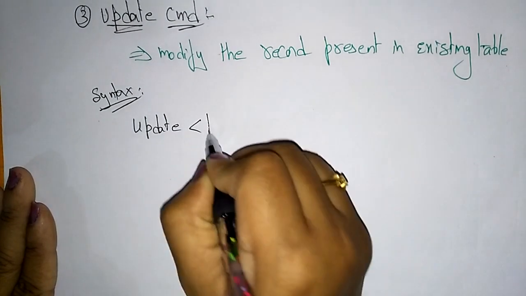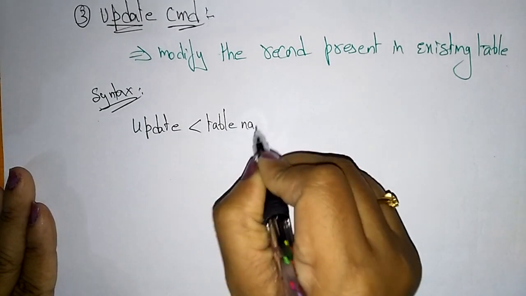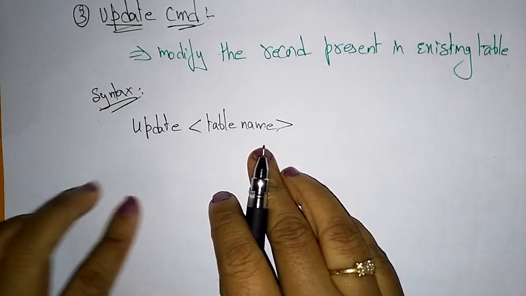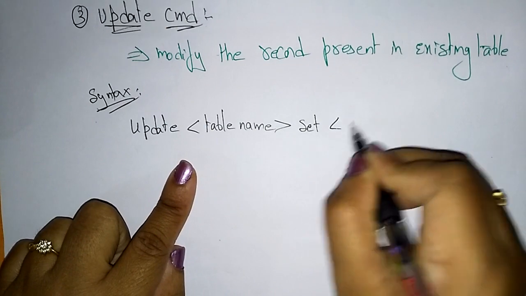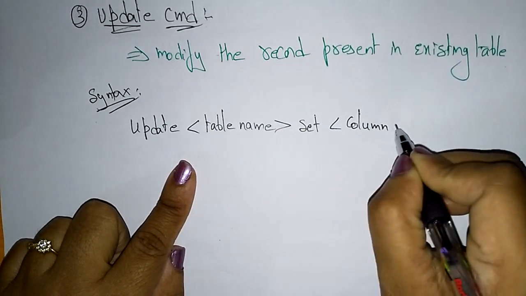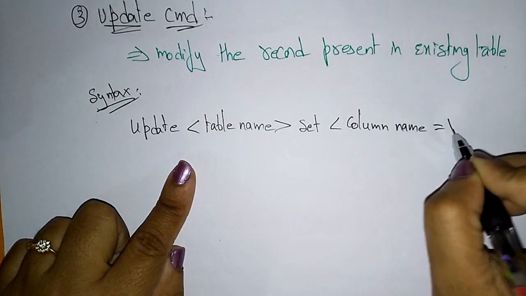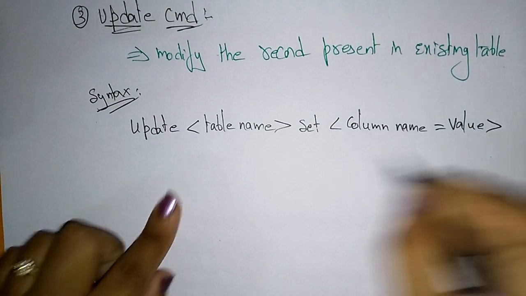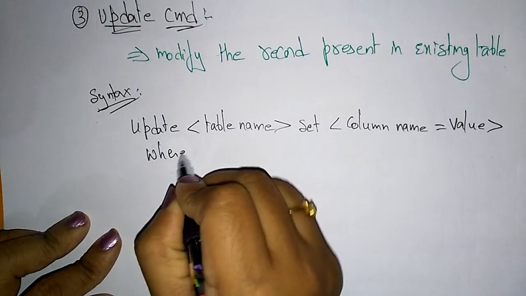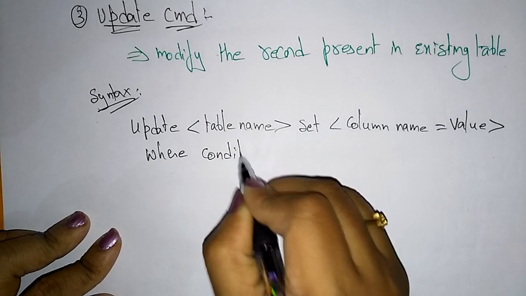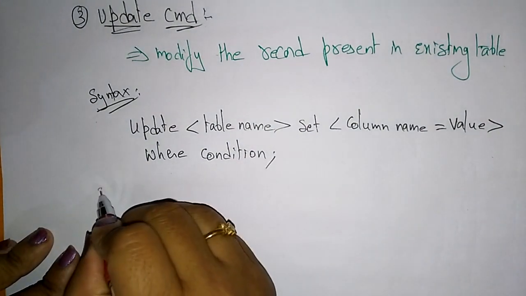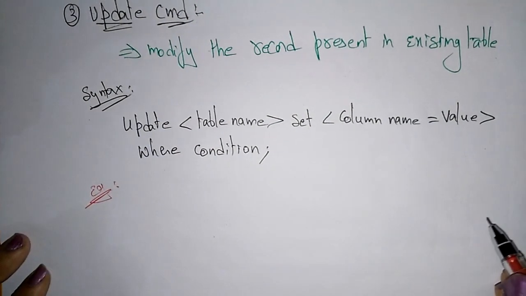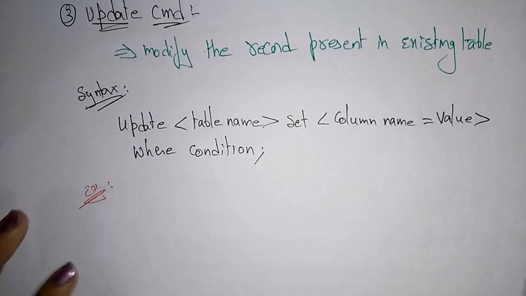Now let us see the syntax for this update command. Update table name, the table you want to update, you mention here. Then set column name is equal to value where condition. So this is the syntax for update. Now let us see the example, then you will understand how the update command updates the table.